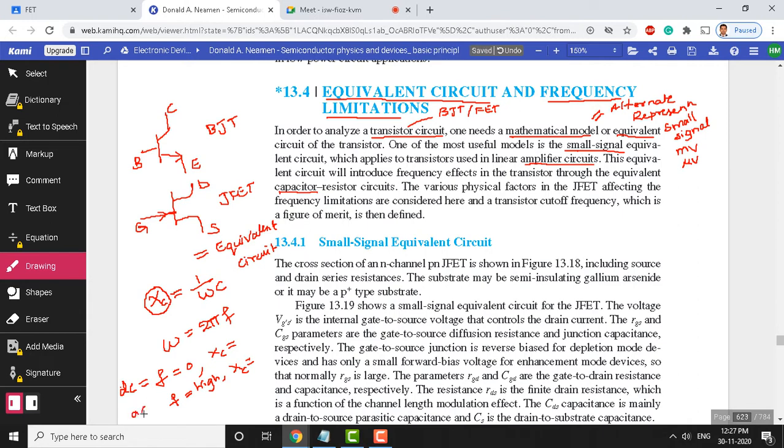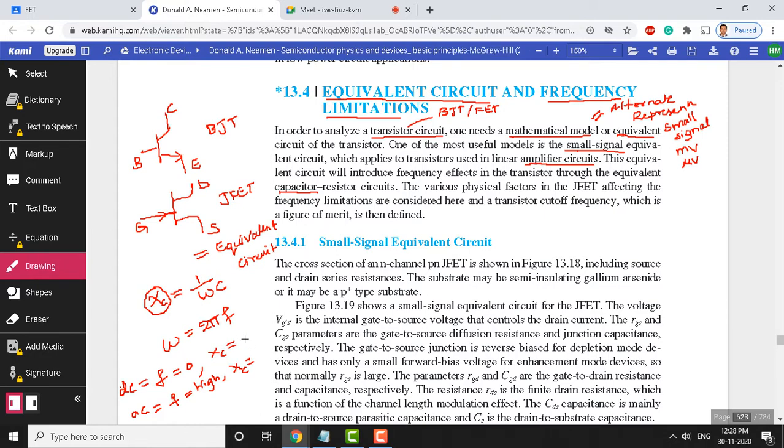But for an AC signal, the frequency varies. Let's assume that an AC signal has a very high frequency. What will be the capacitive reactance? I am just explaining how a capacitor behaves for AC and DC. For DC, since the frequency is 0, the capacitive reactance is going to be infinity, right?